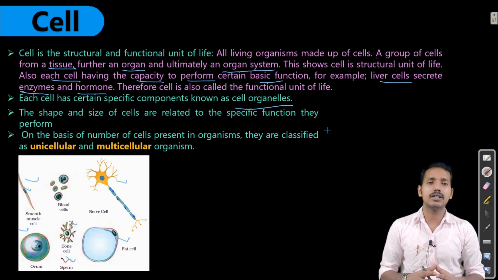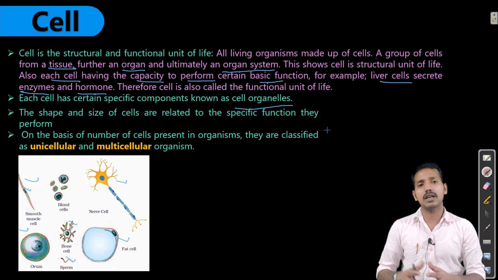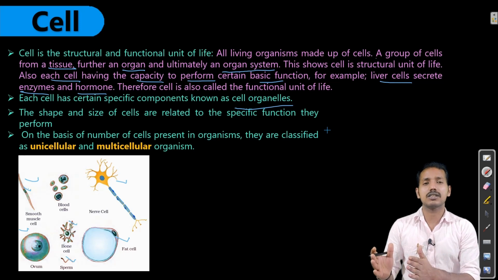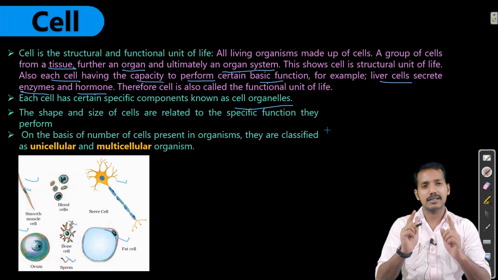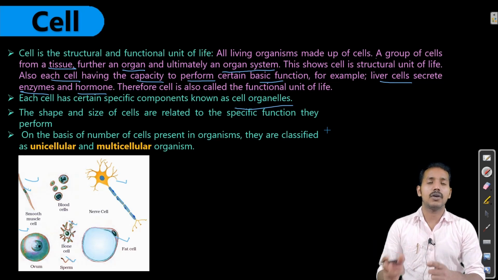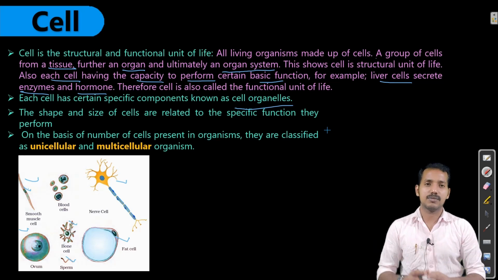In multicellular organisms, different parts of the body perform different functions. While in a unicellular organism like an amoeba, all the functions, locomotion, digestion, food capturing, are performed by a single cell. This is the main difference between unicellular and multicellular organisms.